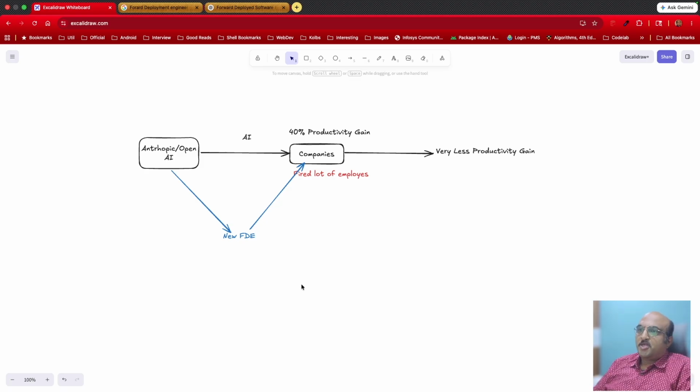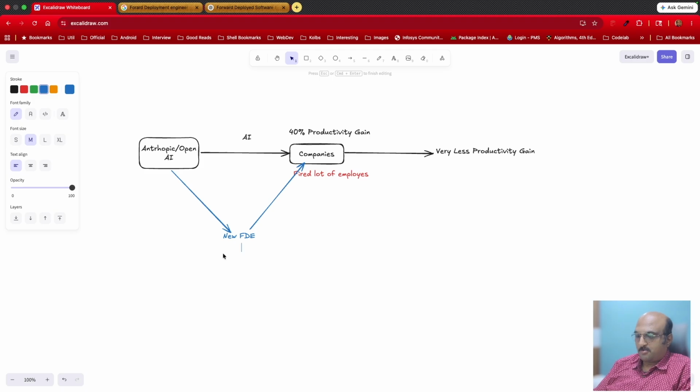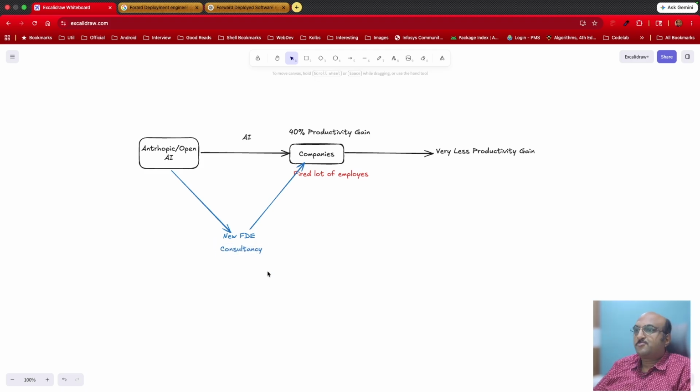Some of you might be thinking, Anil, this pretty much looks like another consultancy. This is exactly what companies like TCS, Infosys, a lot of other companies were doing, right? I mean, they are sending their employees to the companies to get the job done. Yes, you are absolutely right. This is consultancy.